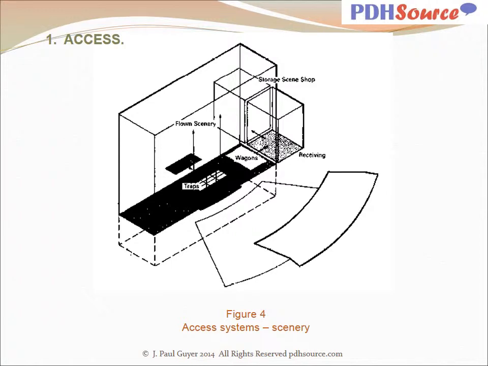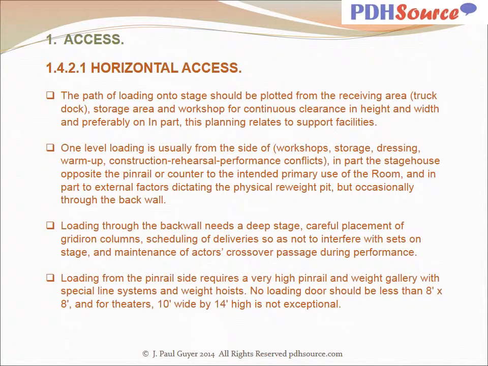Figure 4 indicates graphically access systems, typically for scenery. With regard to horizontal access, the path of loading onto stage should be plotted from the receiving area, truck dock, storage area, and workshop for continuous clearance in height and width, and preferably on one level. This planning relates to support facilities.